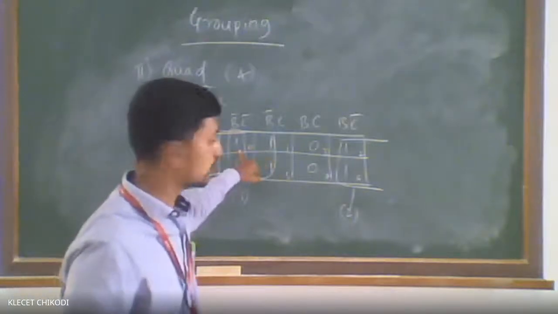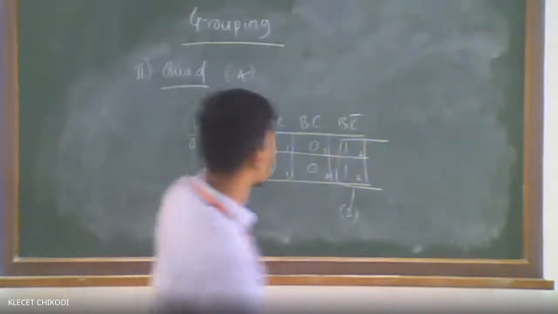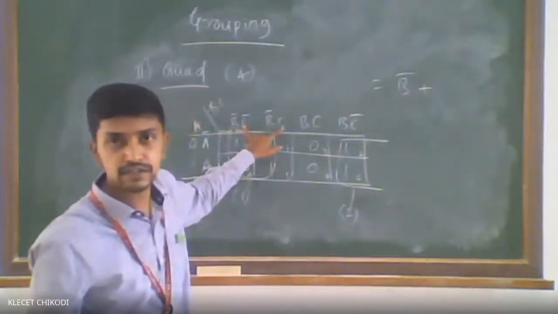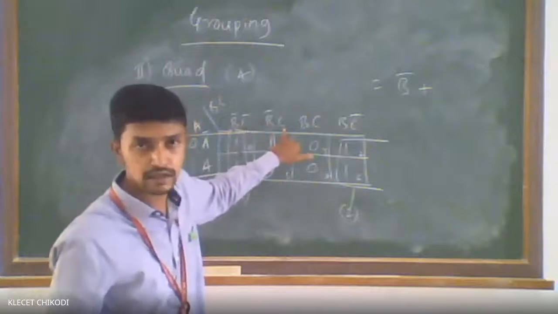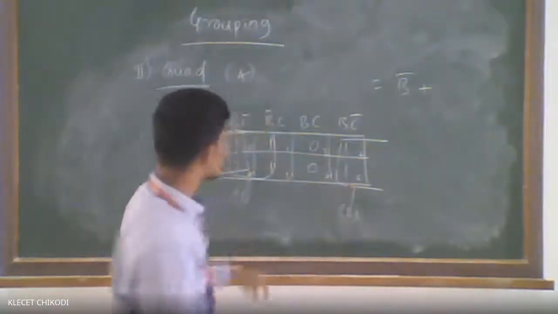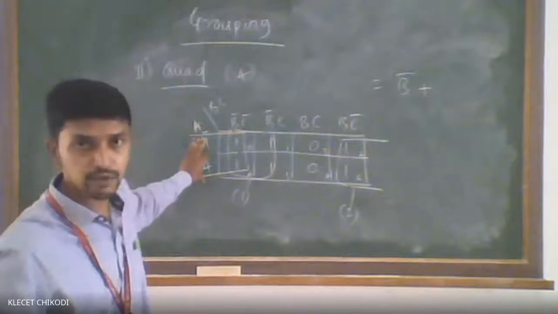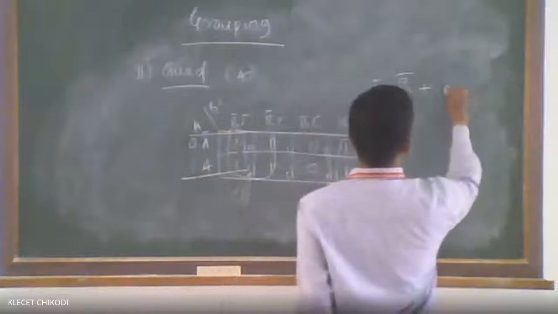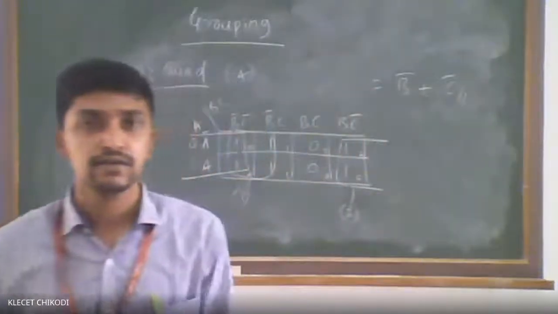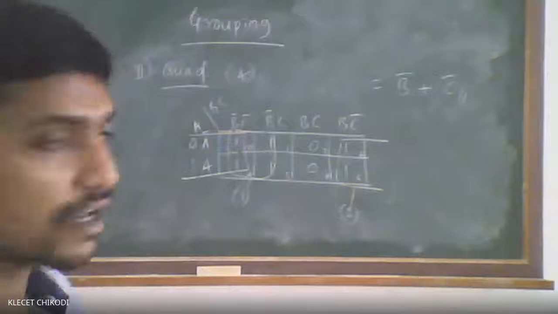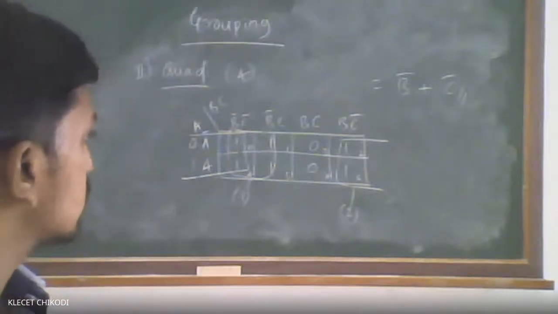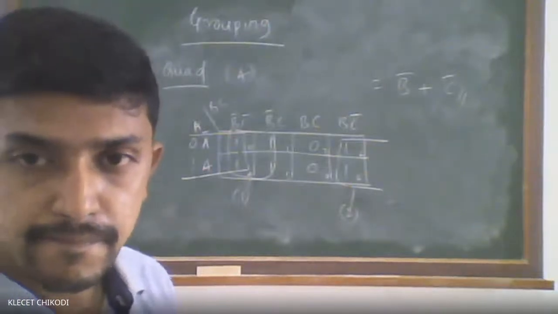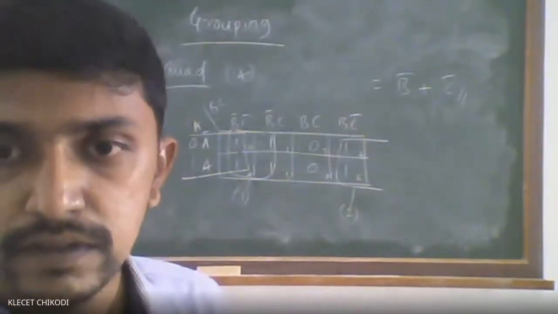So for the first term it will be B bar only, because for the C variable there is a transition from C bar to C. Similarly for the second quad, once again we are not taking a variable because there is a transition, and for this one it will be C bar only. So this is the final minimum expression for the given K-map. Is it clear?